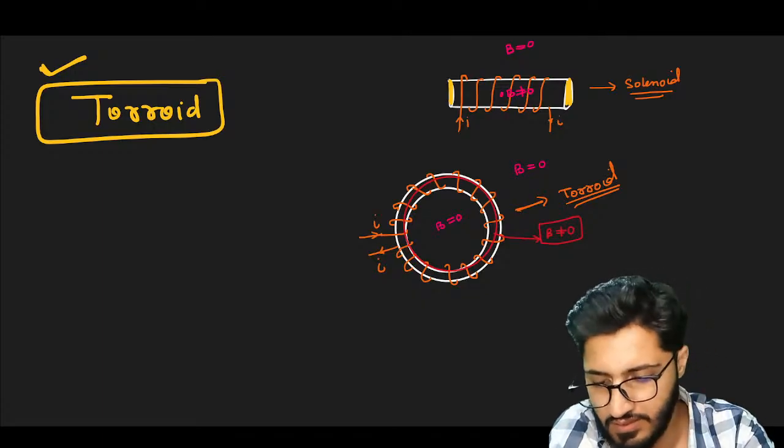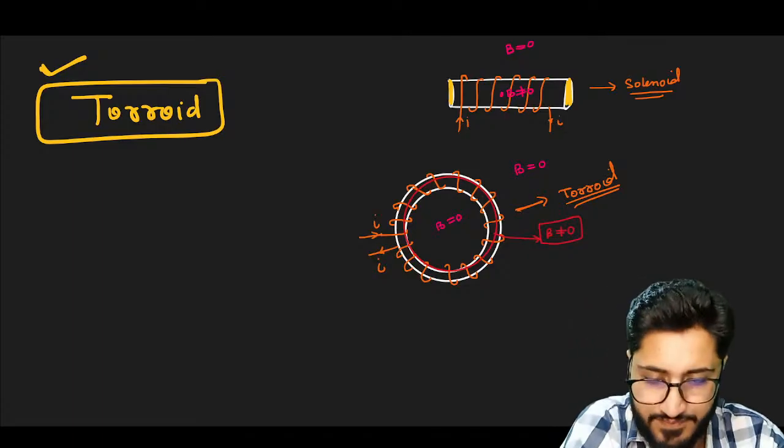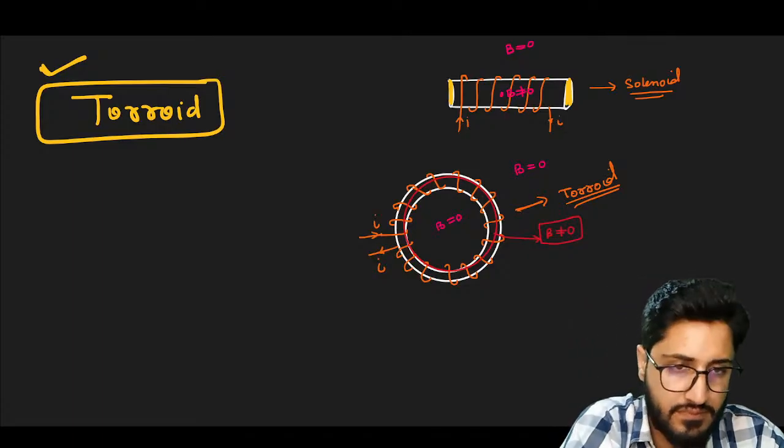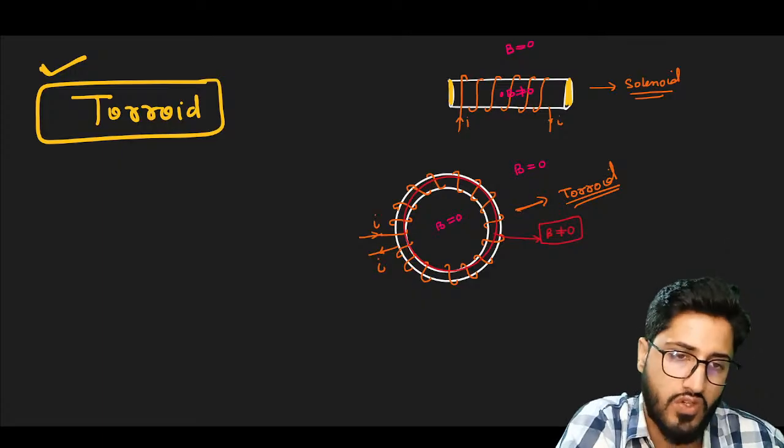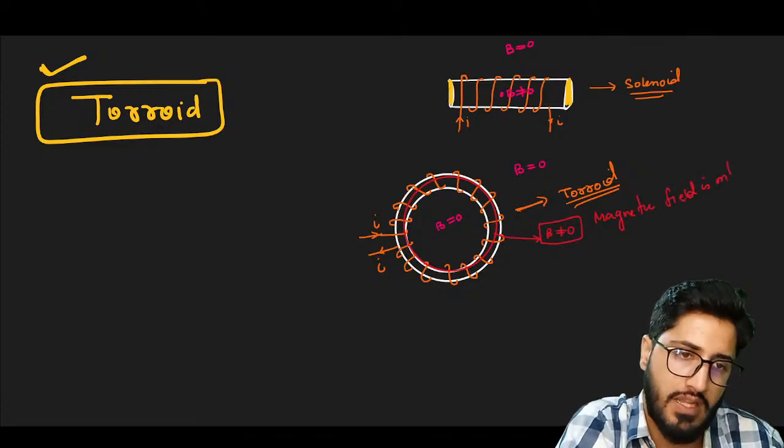Only here B is not equal to 0. Very easy. You can also write that the magnetic field is only present inside the material.